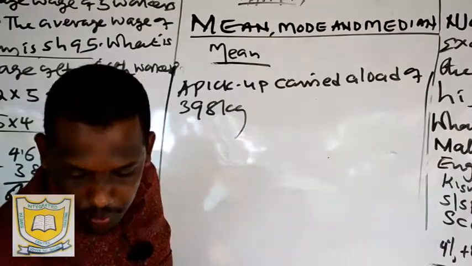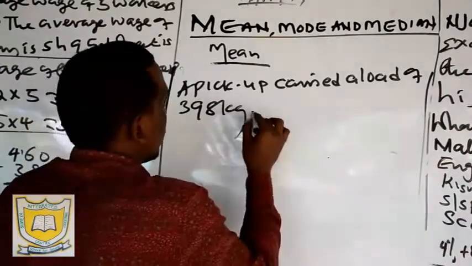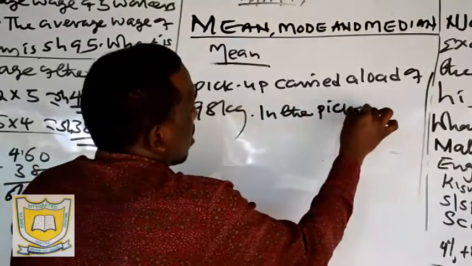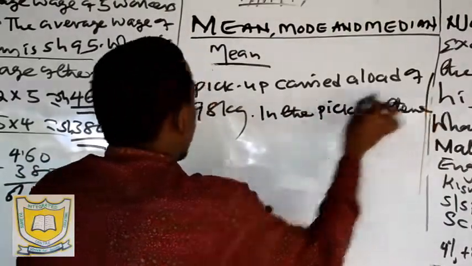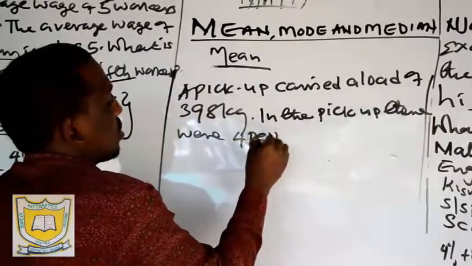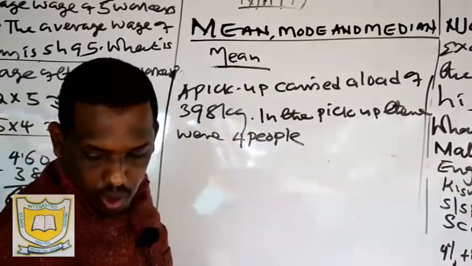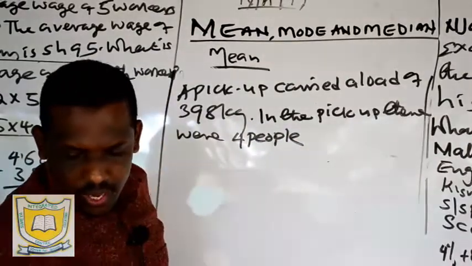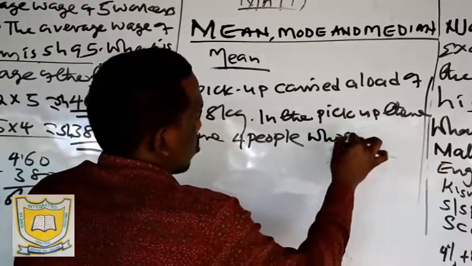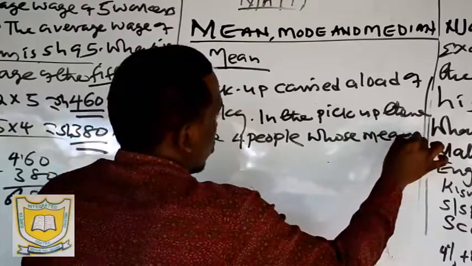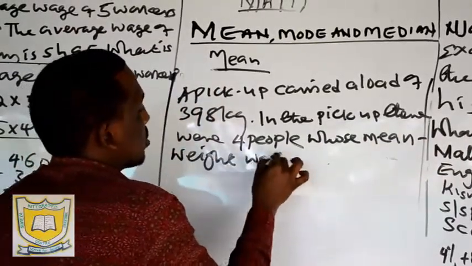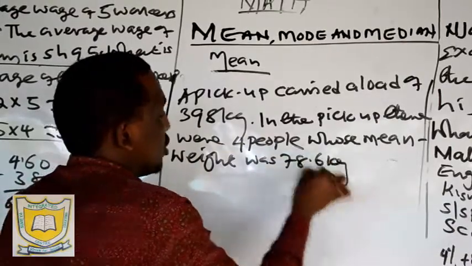Then you are told in the pickup there were 4 people whose mean weight was 78.6 kg.